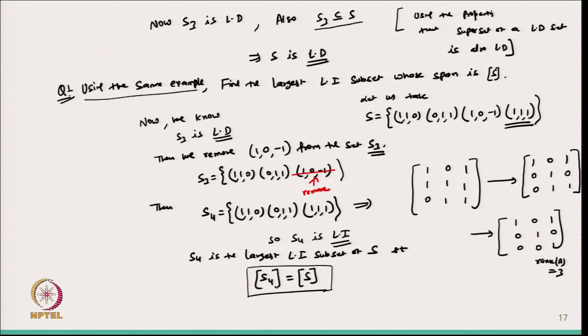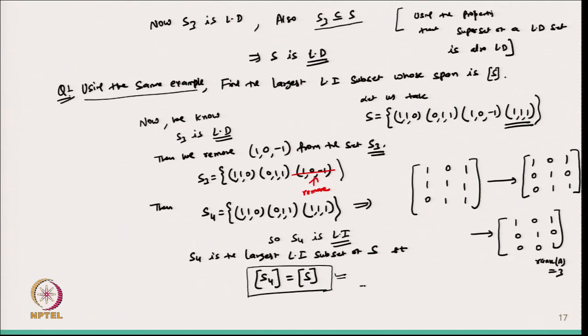But after removing all the vectors which make the set linearly dependent, we get the largest linearly independent subset, and the span of S4 will definitely be equal to the span of S. So, this is the proof.